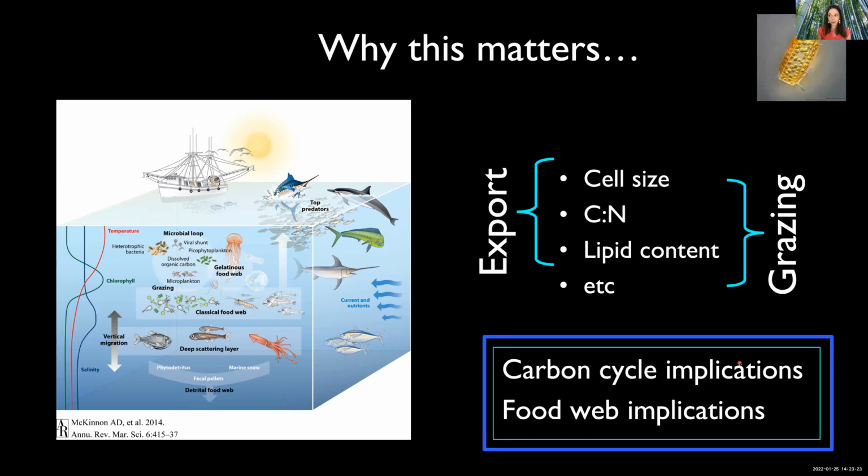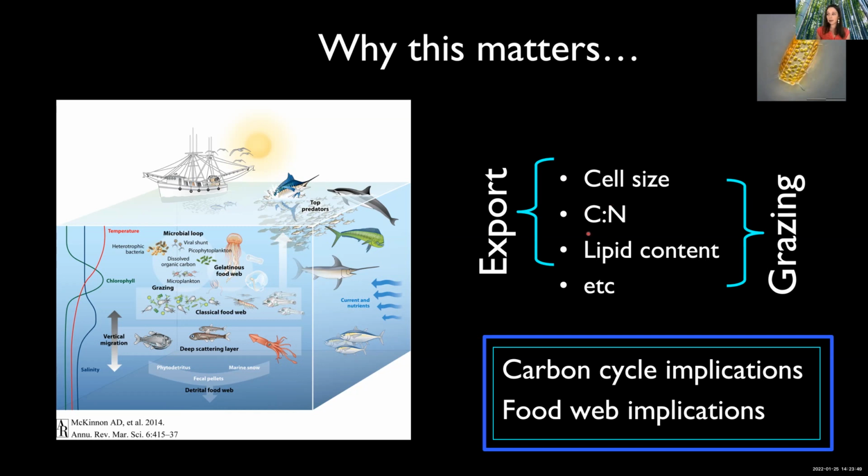And so, one step bigger, why this matters, why we should care. I think it has the potential to be quite significant when we think about the future oceans, because if our traits can evolve and our phenotypes can evolve, that has implications for export, if we think about changes in cell size.